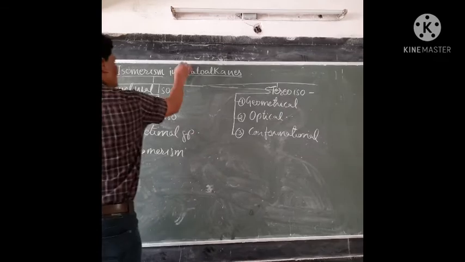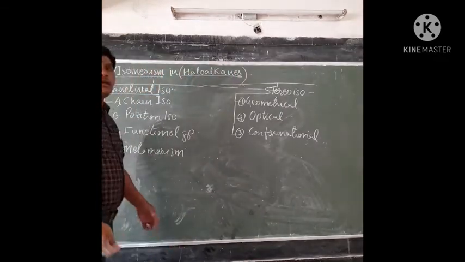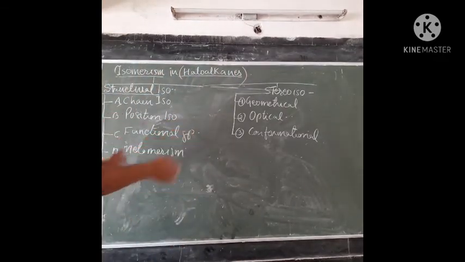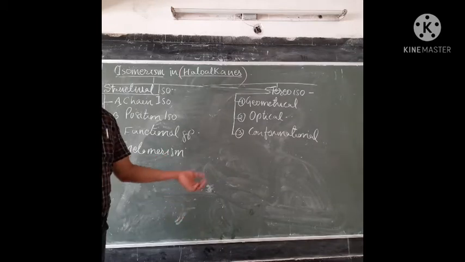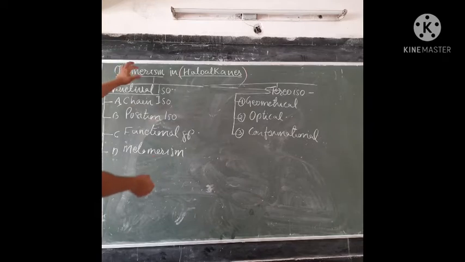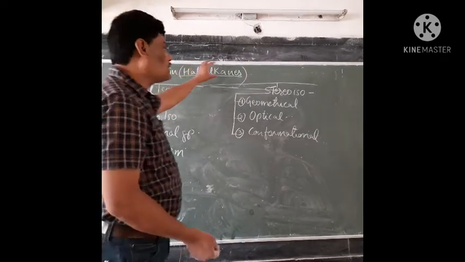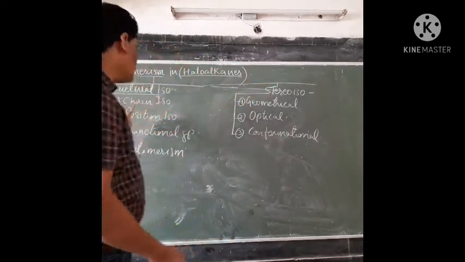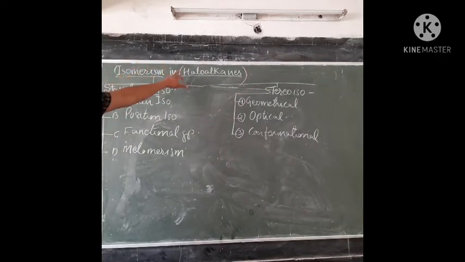But student, what is the heading? The heading is isomerism in haloalkane. So we have to check, by our knowledge and the discussion, whether all these types of structural isomerism and stereoisomerism are actually shown by haloalkanes.